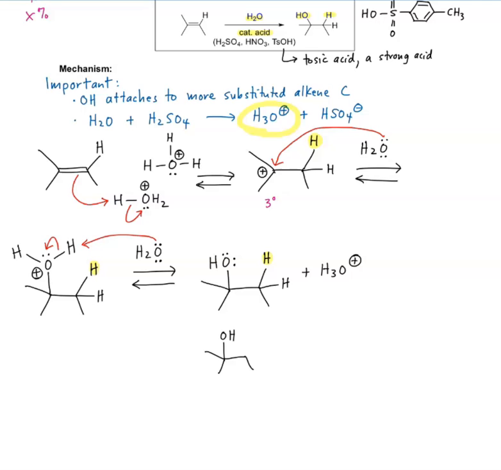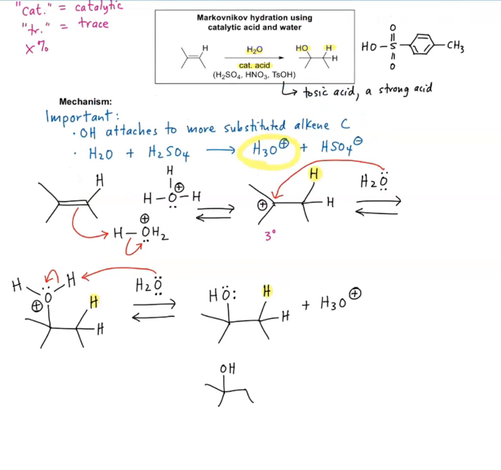Okay, let's look at the role of water at different points in the reaction. In the upper right, the step where the water attacks the carbocation, it acts as a nucleophile, meaning that it bonds to carbon.